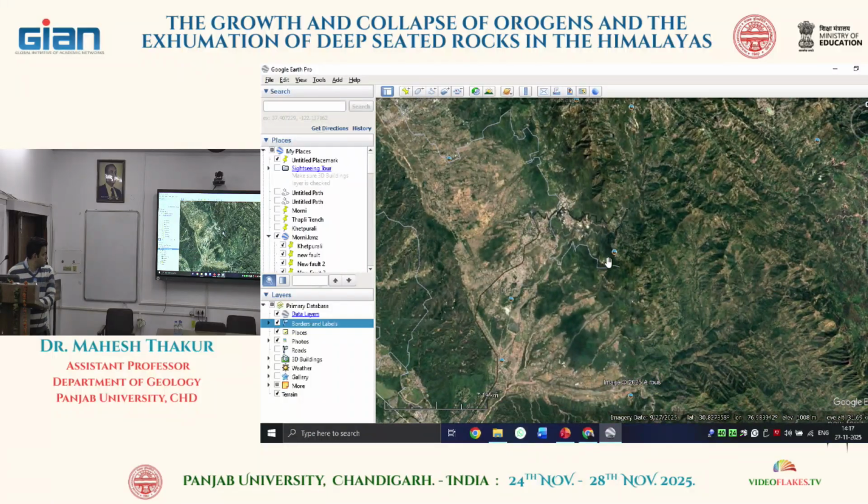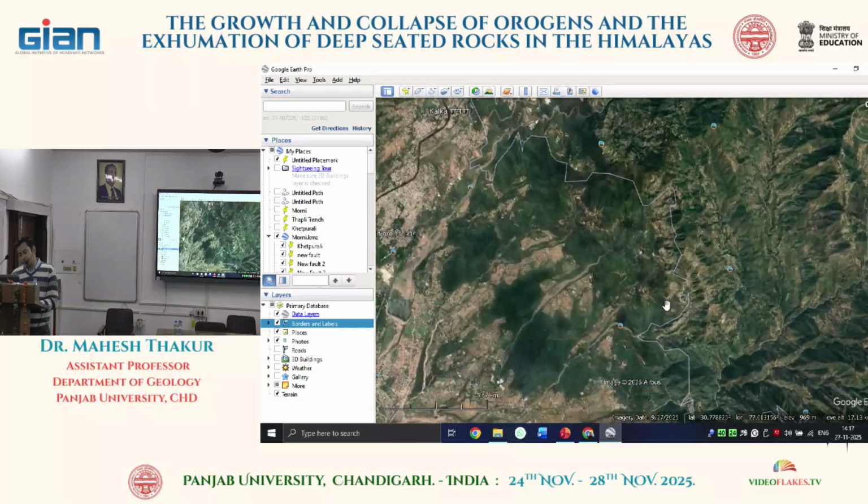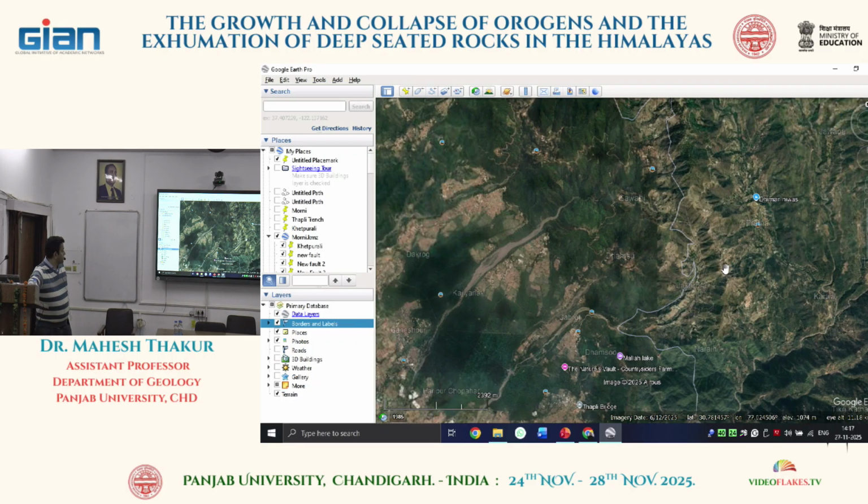Now if we just see some of these drainages, for example in this area, if we zoom in, you are looking at this drainage. The question we can ask is why the shape of this drainage is like this, and what is controlling that.